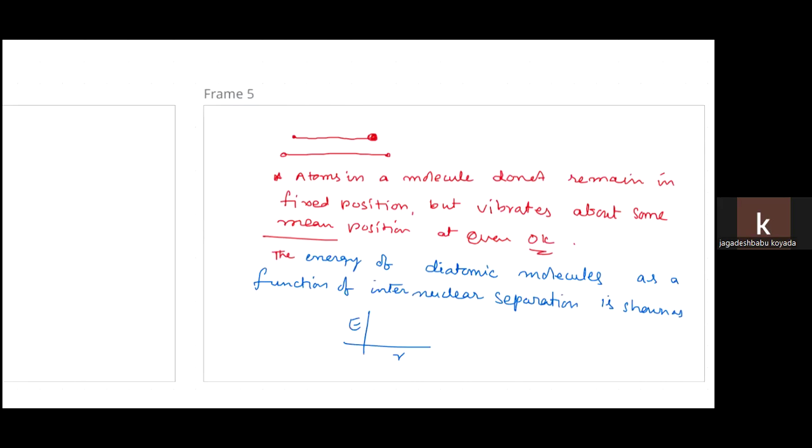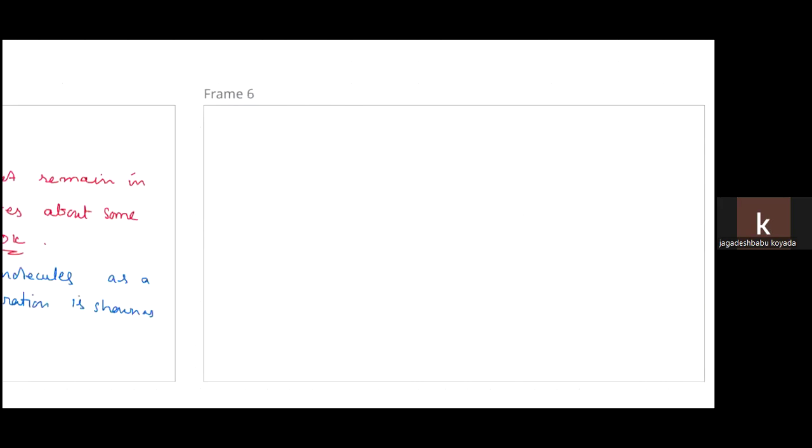Let me show it diagrammatically. This one is the x-axis and this one is the y-axis, with internuclear separation on the x-axis and energy on the y-axis. Take a simple diatomic molecule, the HCl molecule.